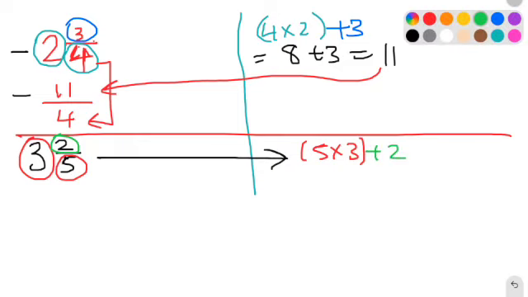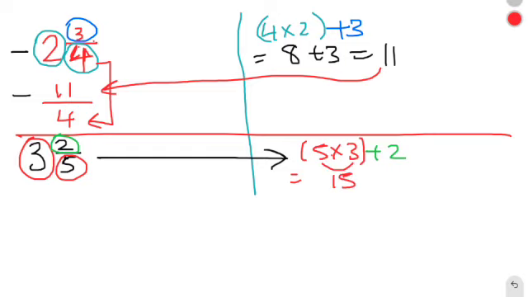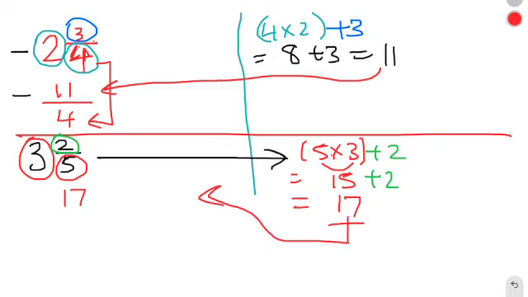And if you continue to solve it out, it'll be 5 times 3 is 15 plus the 2, and then 15 plus 2 is 17. So now the improper fraction would turn out to be 17, which is the 17 here, divided by the 5 here.